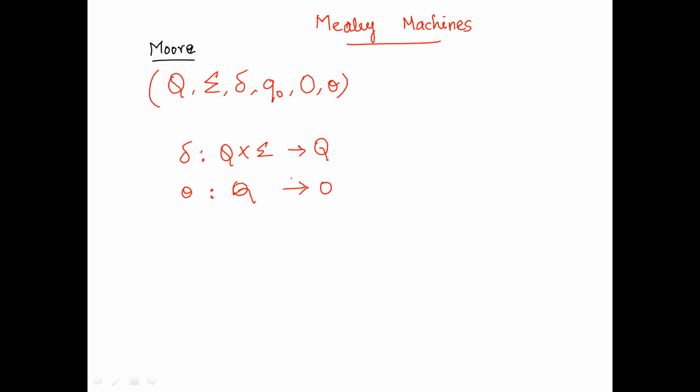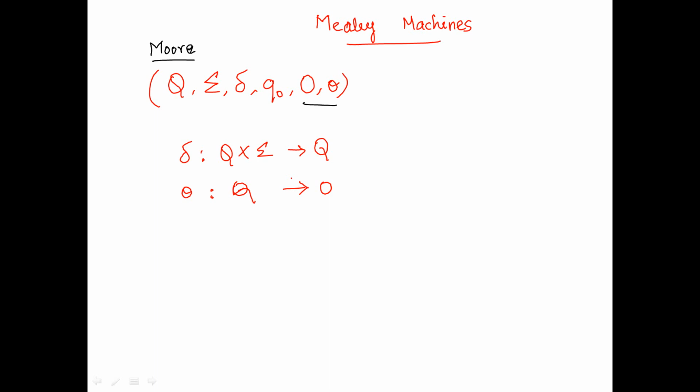So in Moore machines, in both these classes, Mealy and Moore machines, we don't have a final state. We are not going to accept or reject based on reaching the final state. Instead we have a set of output alphabets similar to the set of input alphabets, and also the output function.